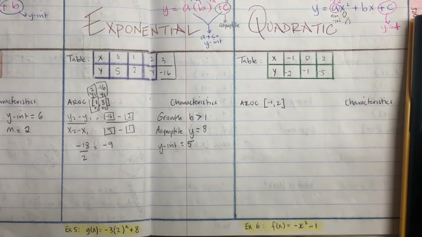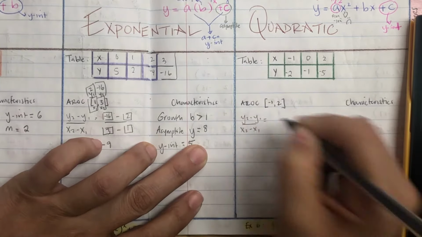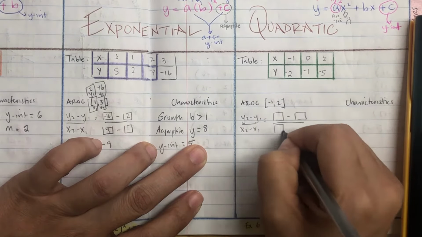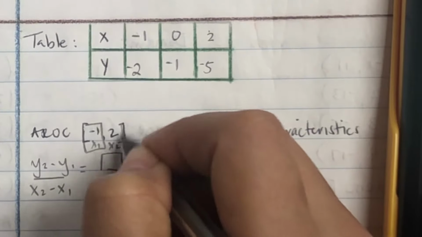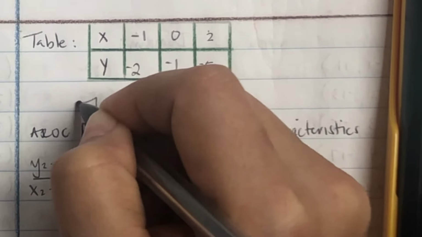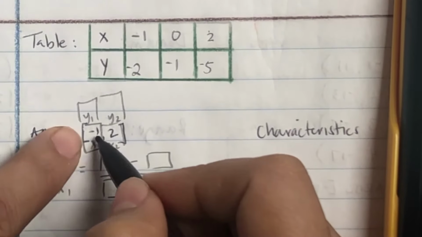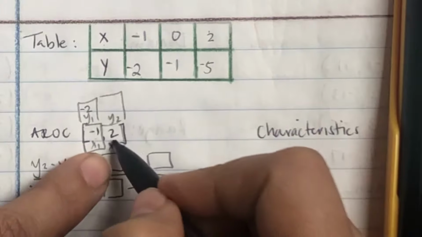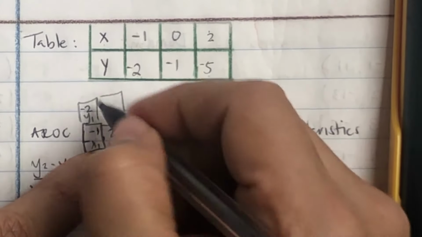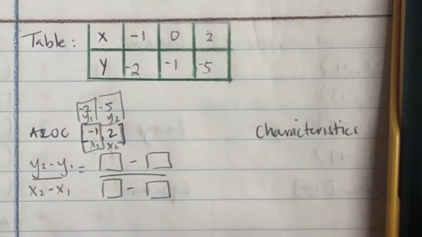Find average rate of change. Write down the formula. This is a listening check. Color in the formula. Draw my boxes. Label x1 box, x2 box. Find y1 box, y2 box. When x is -1, y is -2. When x is 2, y is -5. Plug those into the equation.